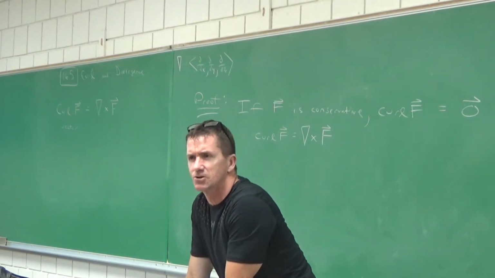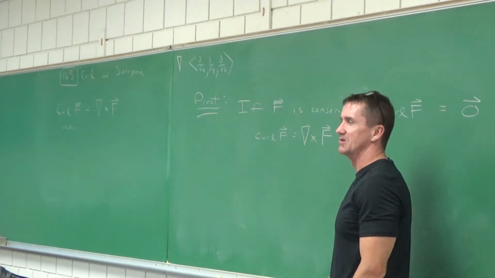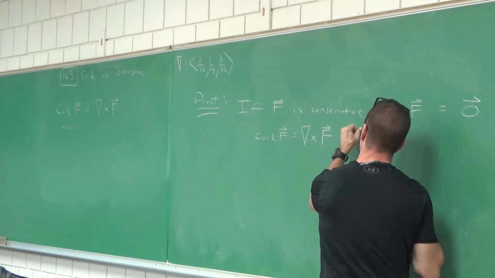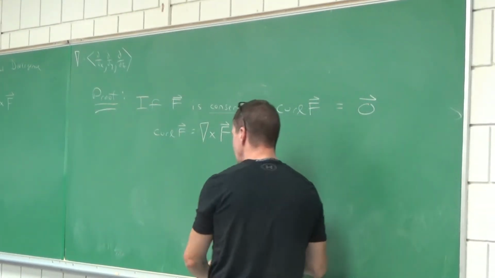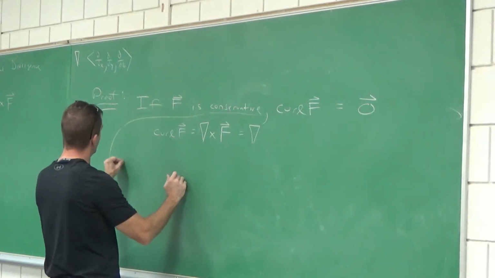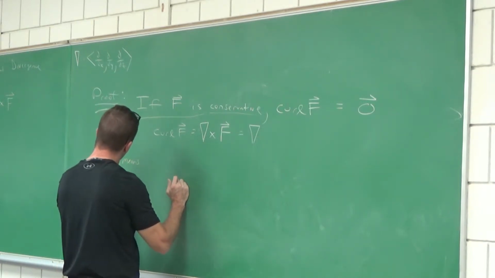Every little proof has a crux move to it, where you slip in one little thing, and that proof's going to be real easy. Here's the crux move. If F is conservative, what does that mean? I'm going to go off to the side. If F is conservative, that means F is equal to a what?